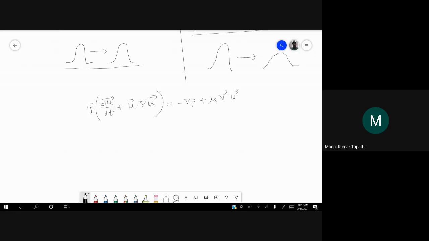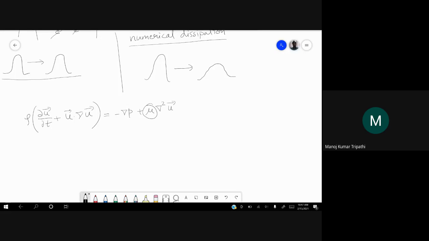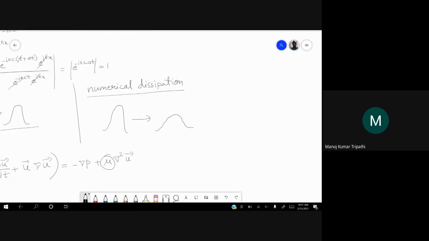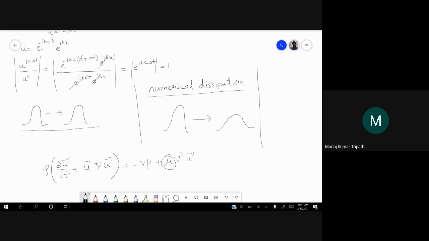This is viscosity. Even if you set viscosity equal to 0, you are going to see in your code that there is some viscosity anyway. Just because it is discretized and you are solving it on a computer, there is some viscosity that is automatically introduced. That is known as numerical viscosity. So no matter what you do, it is always there. This is numerical dissipation.